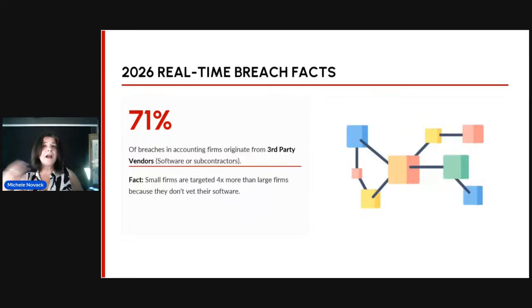We all hire these external partners, but we're not really sure what they're doing. Don't assume big brand software is safe just because they're famous. Hackers love big brands because one successful hack gives them the keys to 50,000 accounting firms at once. You are the target because of who your vendors are, and I want you to think about that.